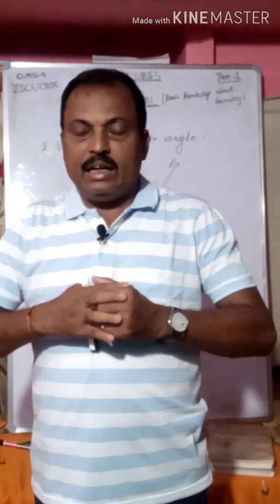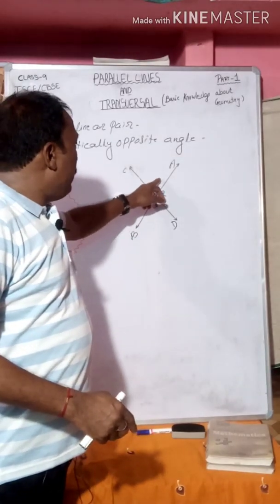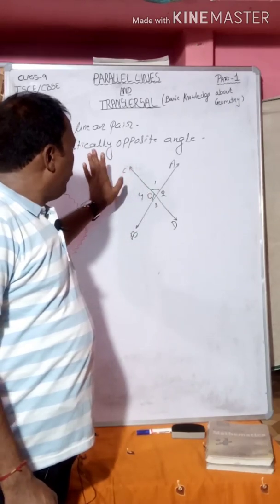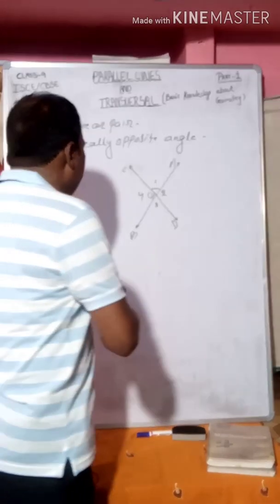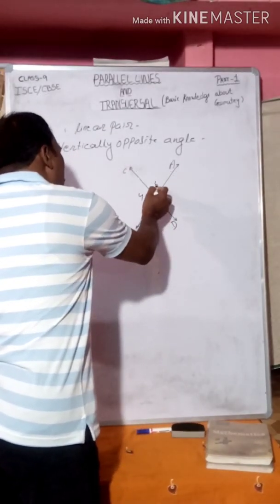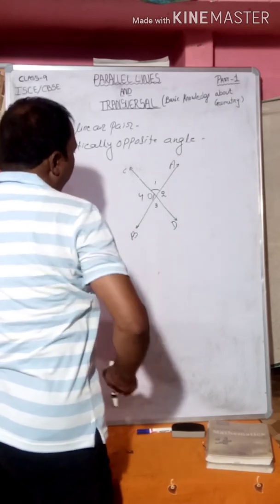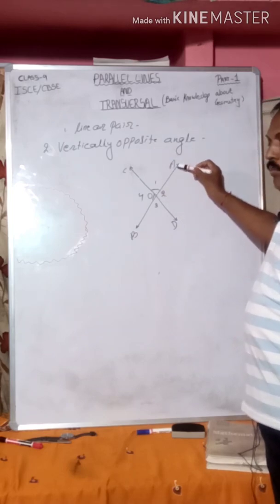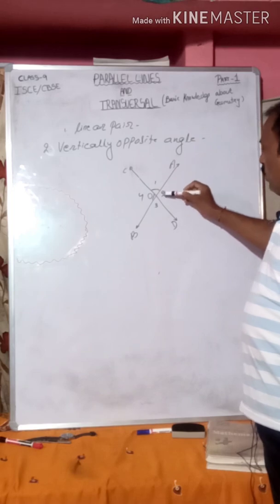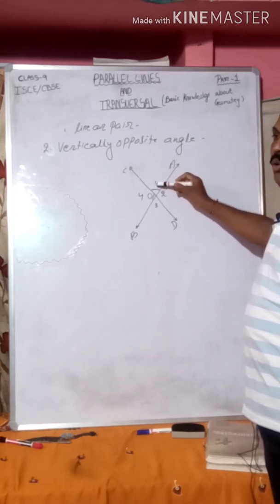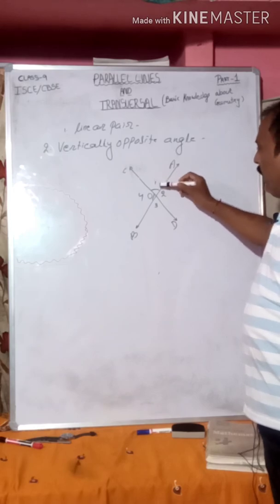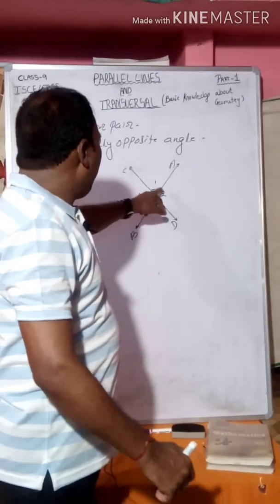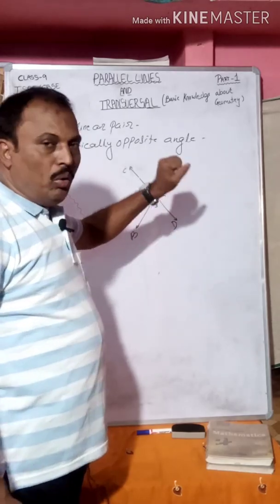Those two angles are adjacent and supplementary to each other, and their common side is OA. So the sum of 1 and 2 is 180 degrees, which means 1 and 2 are a linear pair.